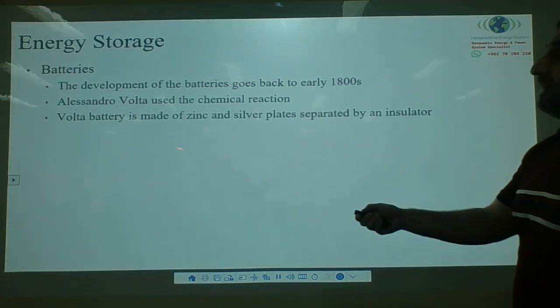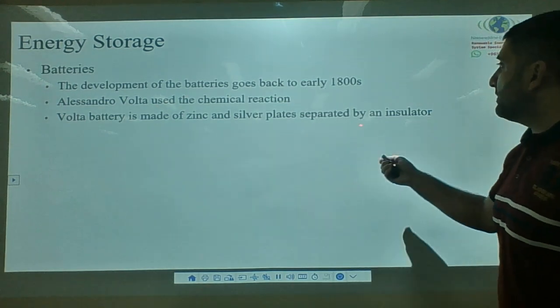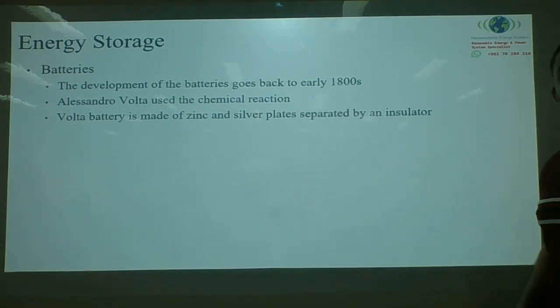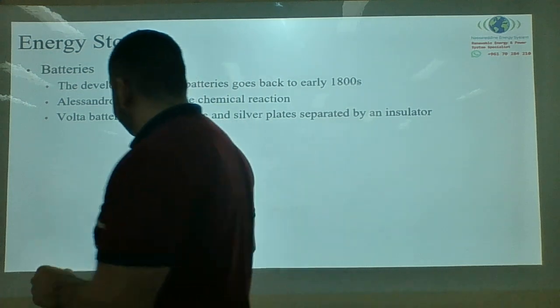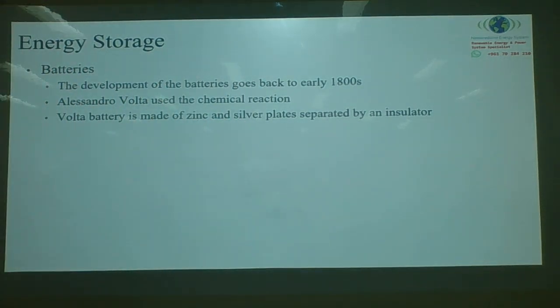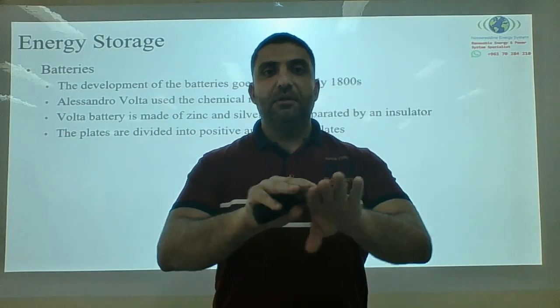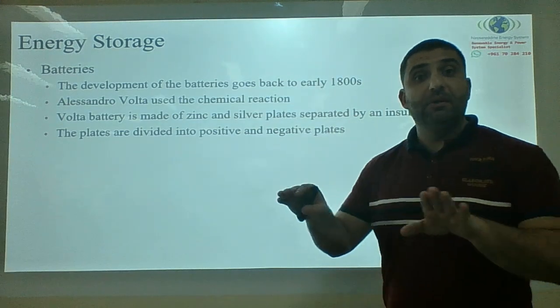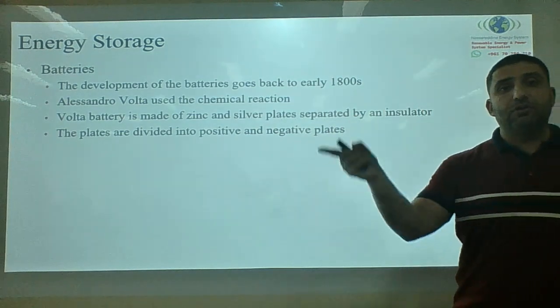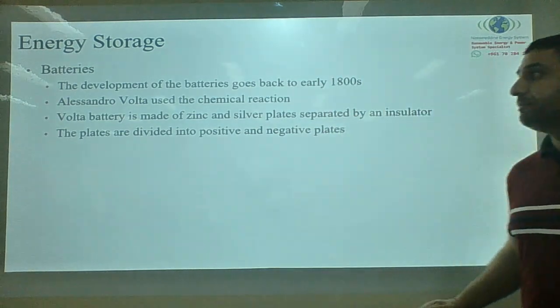The Volta battery was made of a zinc and a silver plate separated by an insulator, which is water and I think salt, acid. So Mr. Volta put a zinc and a silver plate. The plates are divided into positive and negative plates. So he put the positive and negative plate into an insulator and then connected the load and the current started flowing through.